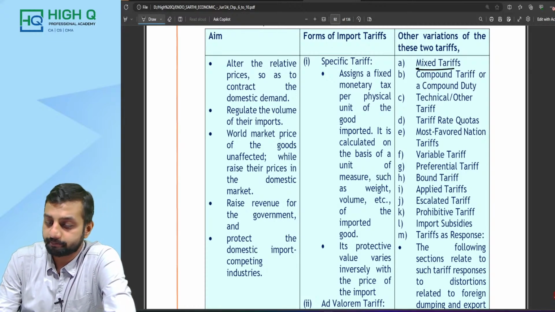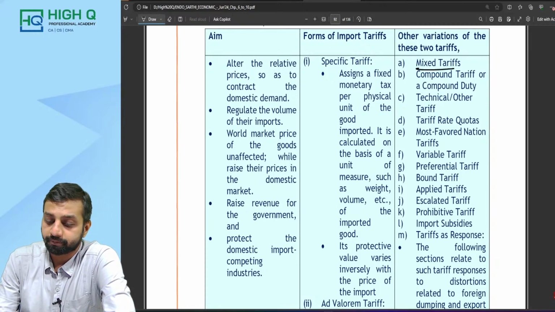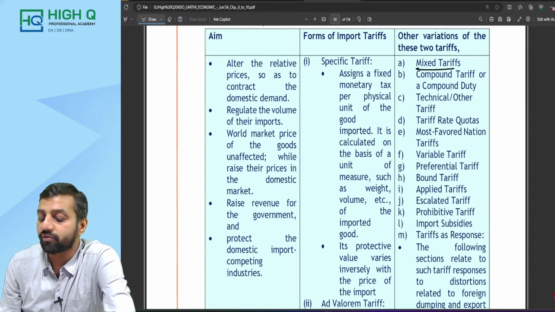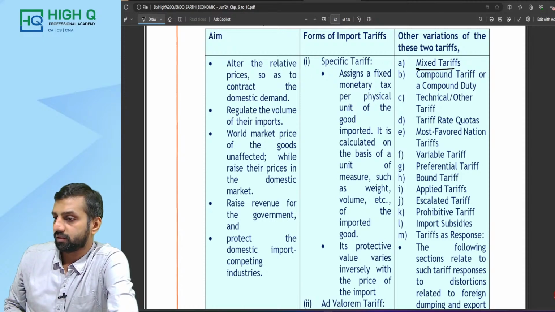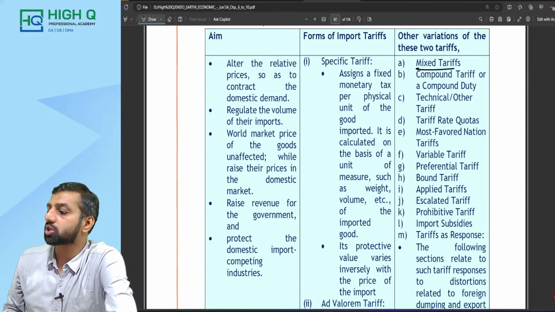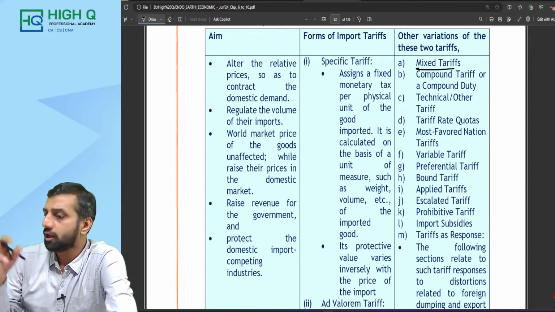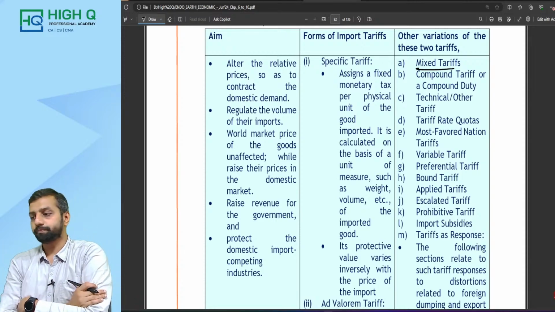Mixed means specific tariff or ad valorem tariff, whichever is higher. Faridul, I'll come to question number 7 in unit number 1 once I am done with unit number 2.